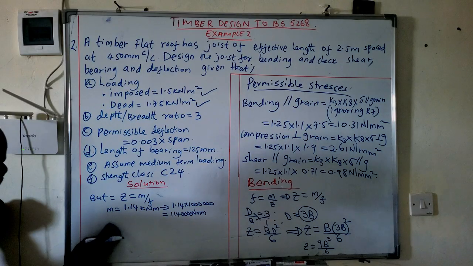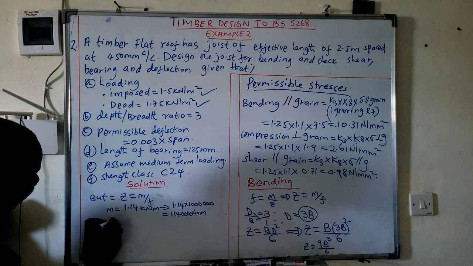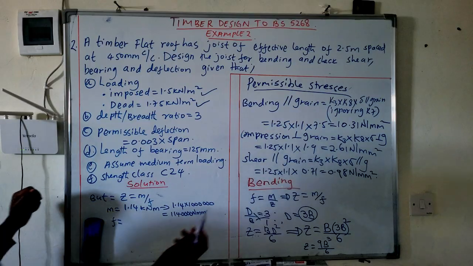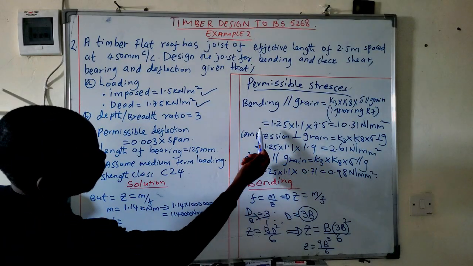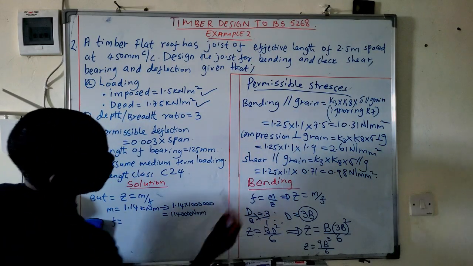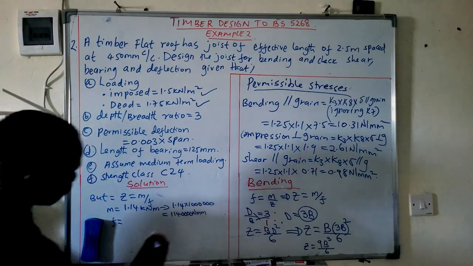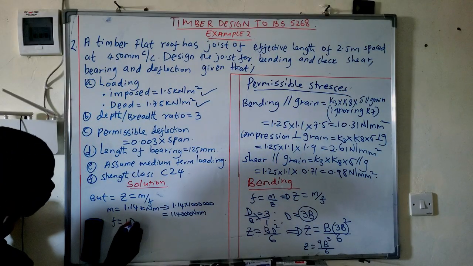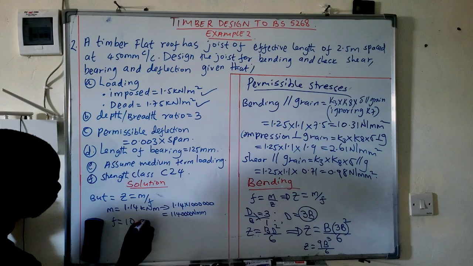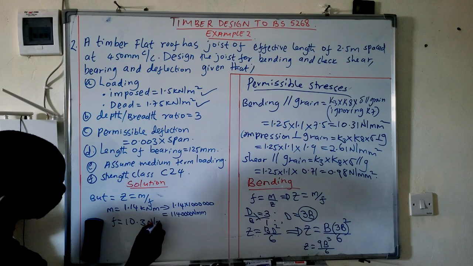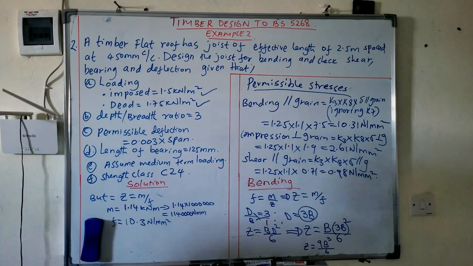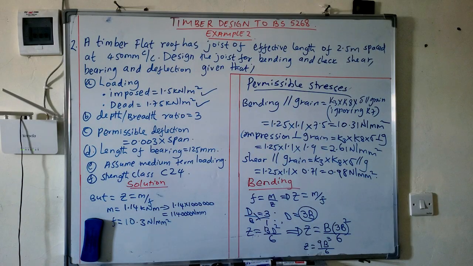Our F is this one, bending parallel to grain, 10.3 Newton per millimeter square. So now you can find Z.